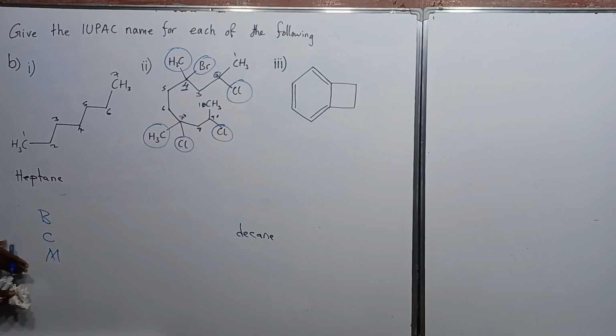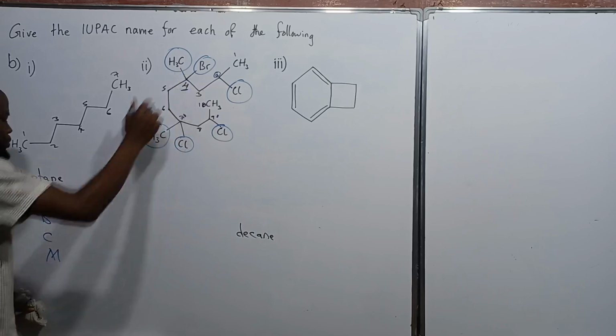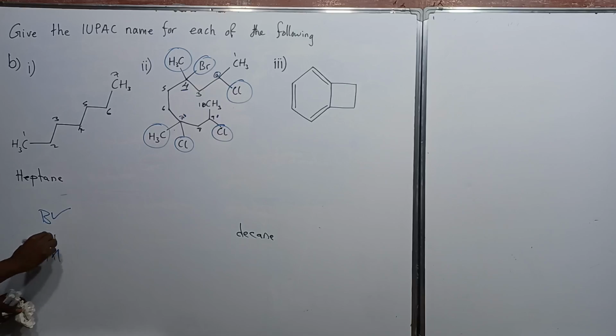So in naming or numbering substituents, we follow the alphabetical order, which indicates the attachment of these substituents. Naming them alphabetically, a bromo comes before chloro, which comes before a methyl.